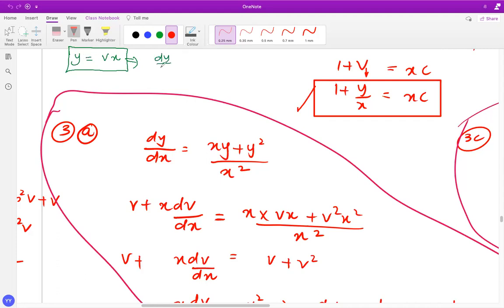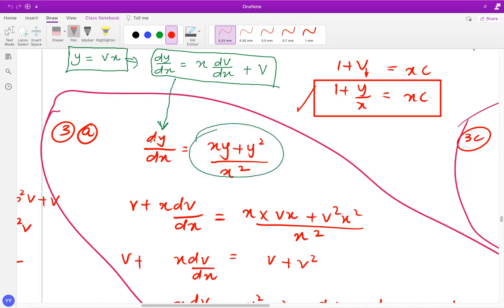So dy by dx is, in this case, x times dv by dx plus v. This is the general expression that I again recommend remembering, which can be used straight away to replace dy by dx. Now assume this is my question.